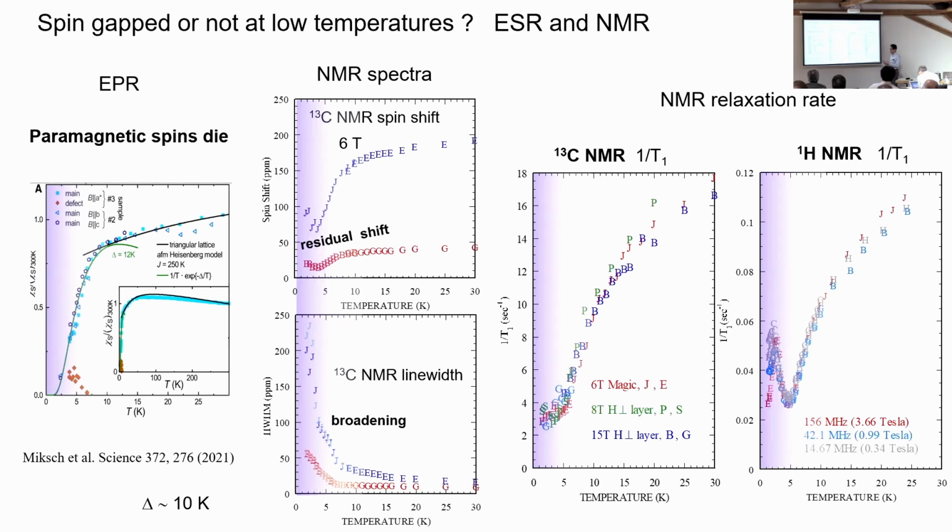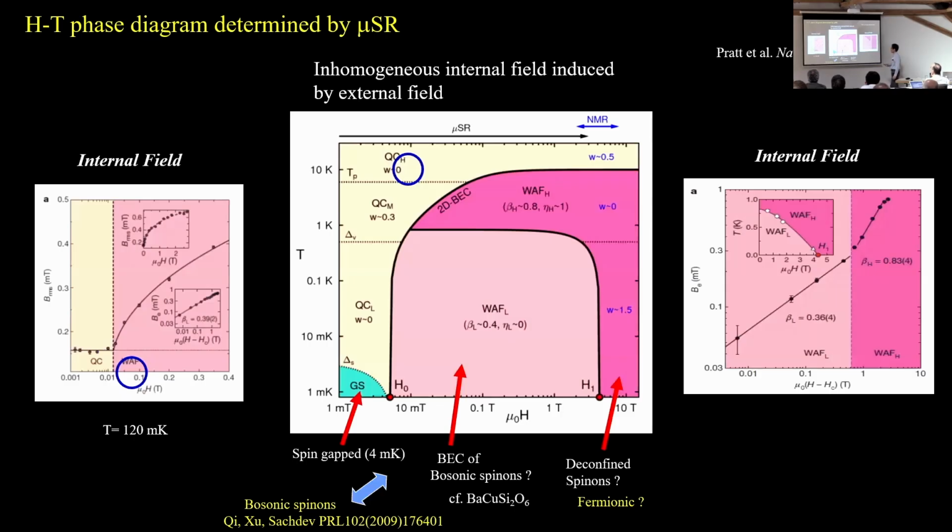This means that an inhomogeneous local field is generated, induced by the magnetic field. This is consistent with the muon experiments. In the muon experiments, in these colored regions, there is an inhomogeneous magnetic field induced by the external magnetic field.